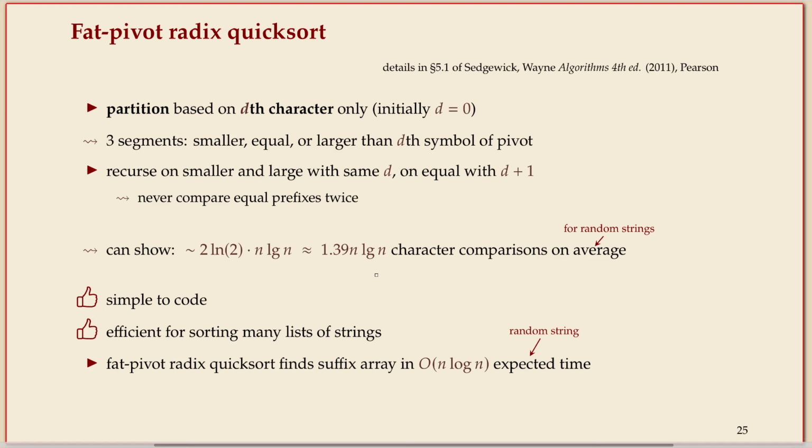Now, in a way, that's because for random strings, you don't expect to see long common prefixes. In many applications, and for sure in some suffixes, if we're sorting the suffixes of one text, you will sometimes have these long common prefixes. So there's something to worry about. That's one thing.